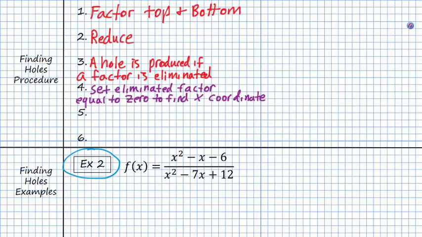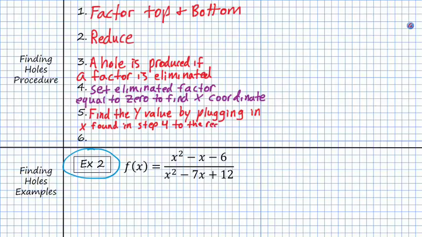So then you can find the y value of the hole by plugging the x found in step 4 into the reduced equation. And then finally, your answer is a point. So your answer will be written as a point.